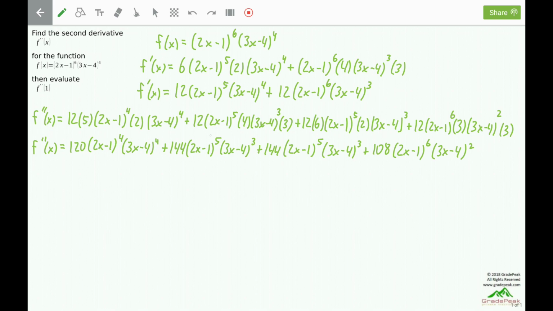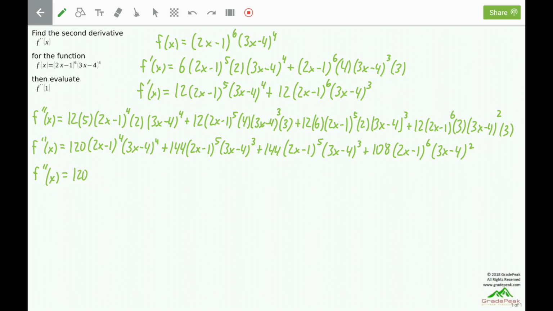Now these two middle terms are actually the same powers for each of the expressions, (2x minus 1) to the 5th and (3x minus 4) to the 3rd. So we can add those together. We may want to do that. It will simplify our work needed for evaluating, and it will simplify the look of our second derivative.